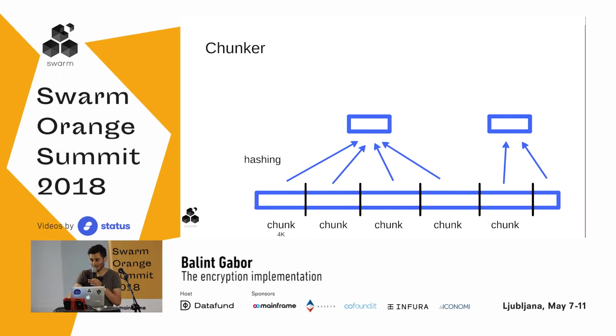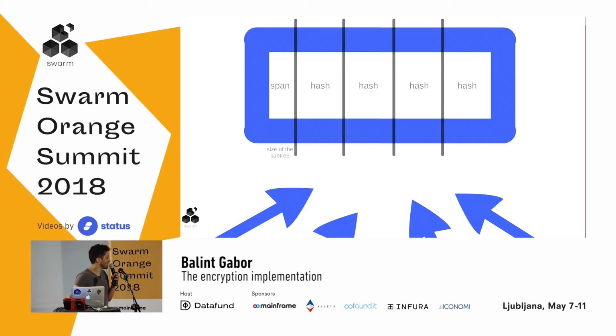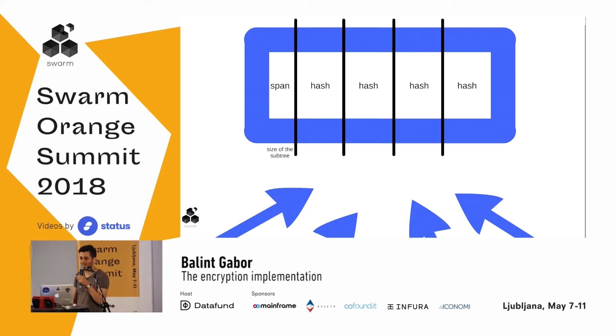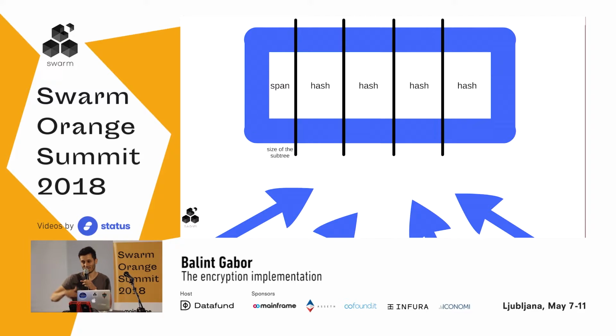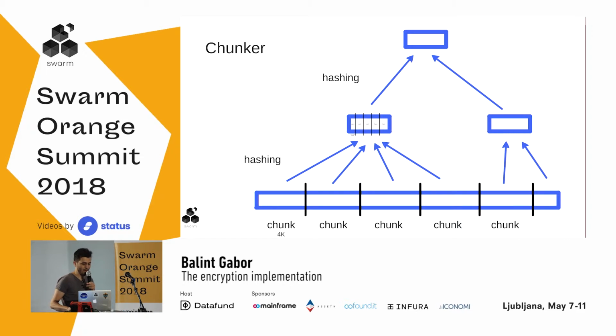It hashes all the chunks, and then these intermediate chunks contain the hash or the reference of the child chunks, and also all the chunks always contain on the first 8 bytes the span, which is the size of the whole subtree under this chunk. So basically everything that's happening here is done by the chunker.